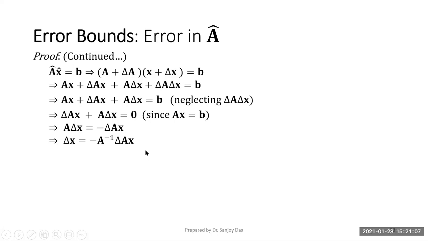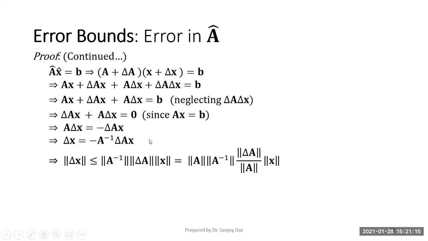Can anyone guess what's the next step? The Cauchy-Schwarz inequality. So the norm of delta X is less than or equal to the norm of the product of these three, which will be less than or equal to the product of their individual norms.